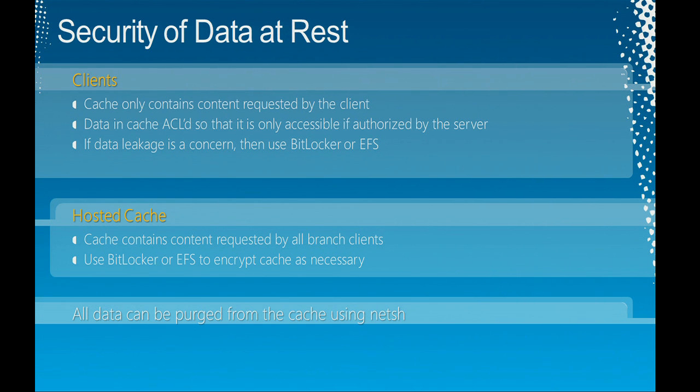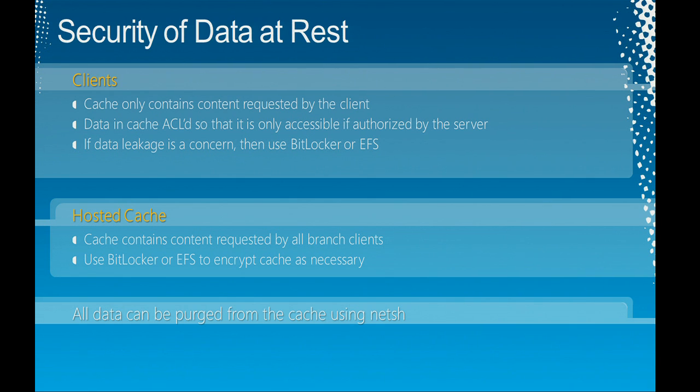Another important thing in distributed cache mode is that a client does not have other people's data. It has what it requested from the content server. So I requested file A, you requested file B, and I never requested file B, so there's no replication mechanism to put file B into my cache.